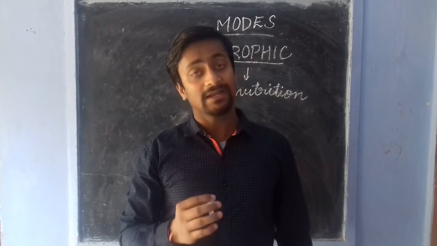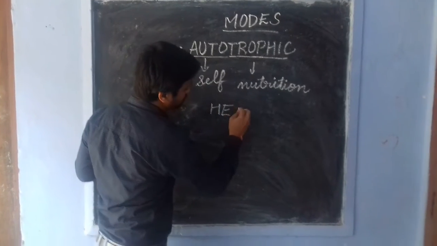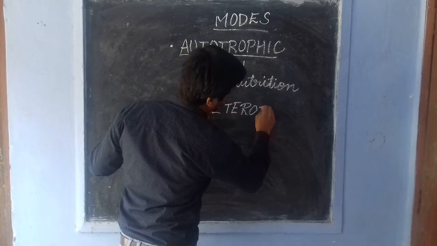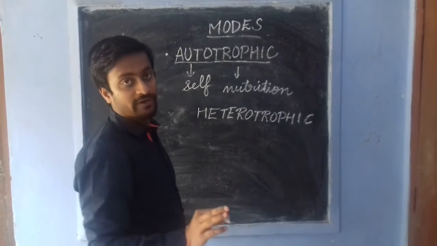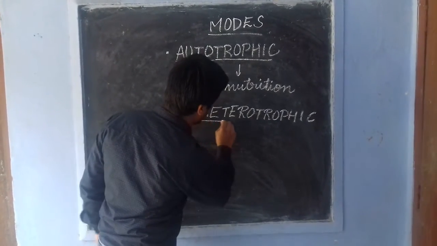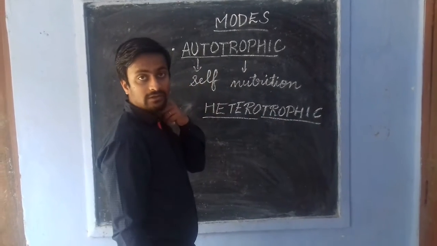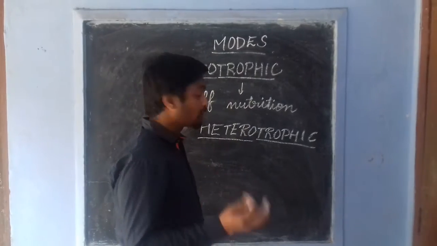Now the second is the heterotrophic mode of nutrition. The word heterotrophic means hetero and trophic. Heterotrophic.